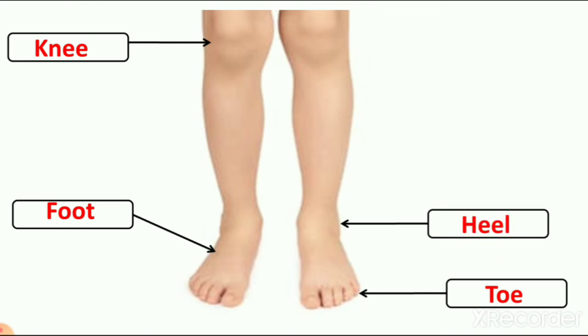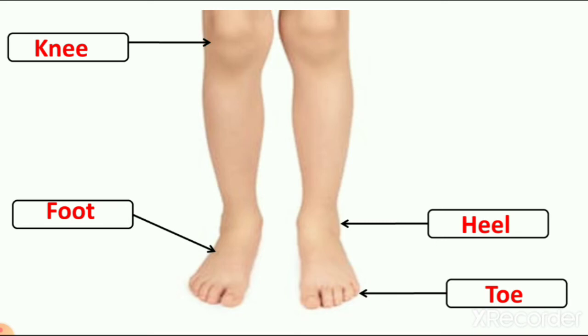So we have a wrist in our hand and we have a heel in our leg. So we also know that the heel is the body part which helps us to walk. So we have to protect our heel, right? So now you can understand that these are different parts of our leg.